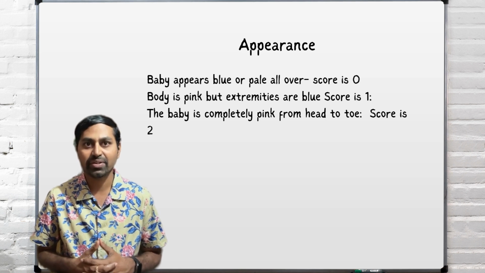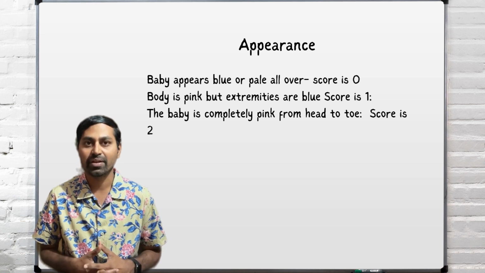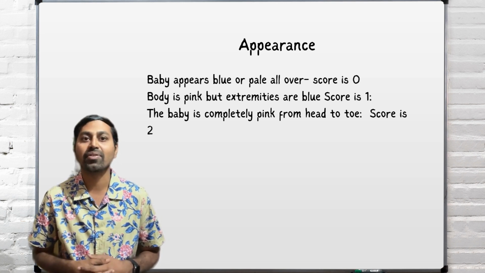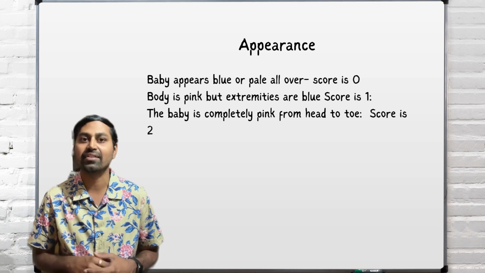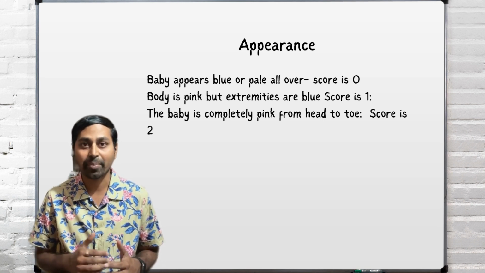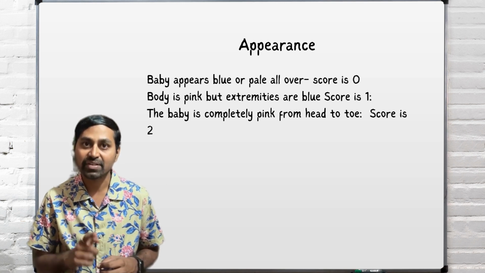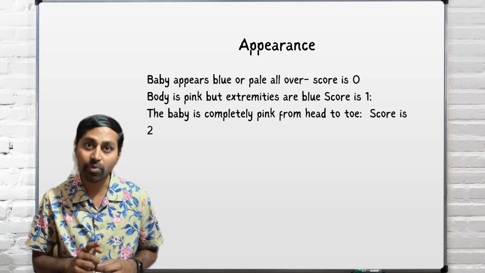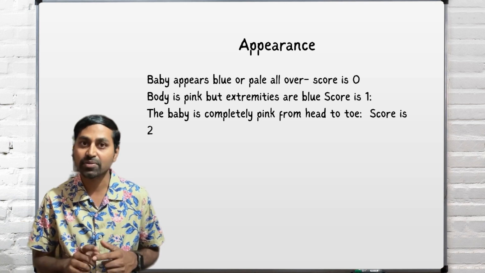First, we start with appearance, that is the skin color of the newborn baby. Pink is the normal newborn skin color. If the baby appears blue or pale all over the body, then the score is 0.